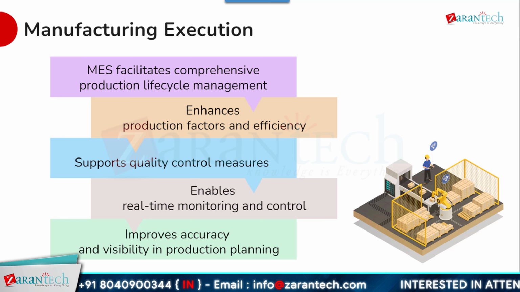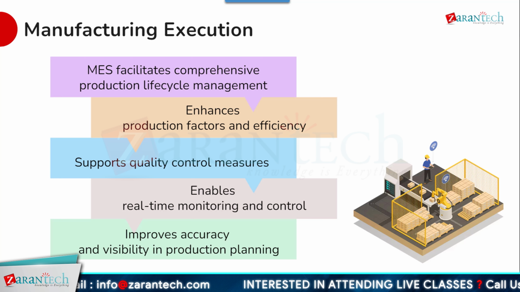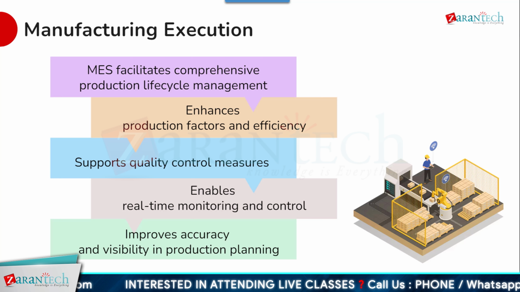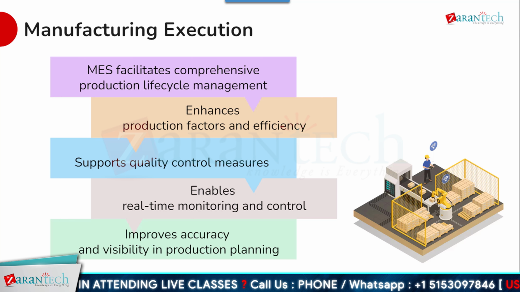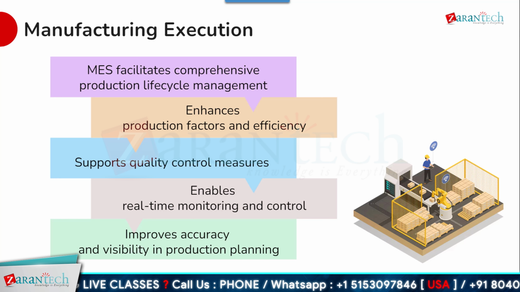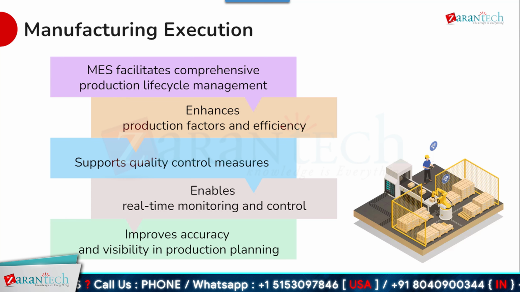And MES also improves accuracy and visibility in production planning by providing up-to-date information on resource availability, work in progress, and production status. It also enables real-time monitoring and control of production activities, allowing quick identification and resolution of issues. And MES seamlessly integrates with PPDS to ensure a smooth execution of production plans.